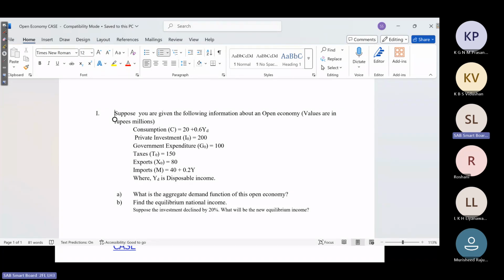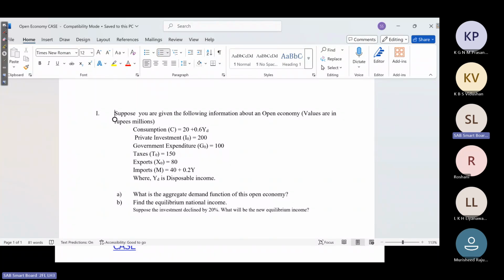So 1 divided by 0.4 is 2.5. So delta y is 2.5 into 40, that means 100. Is it correct? Change in income is 100. But the question asks, what will be the new equilibrium income? Not the change.